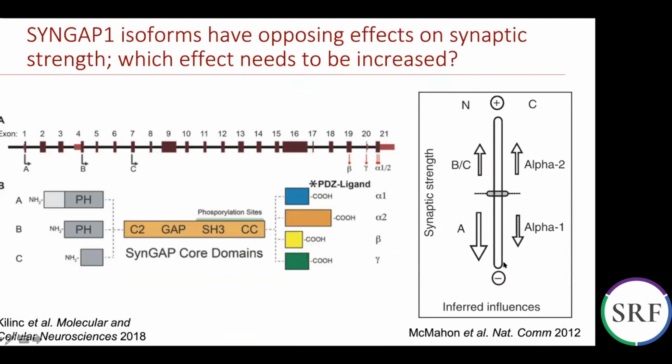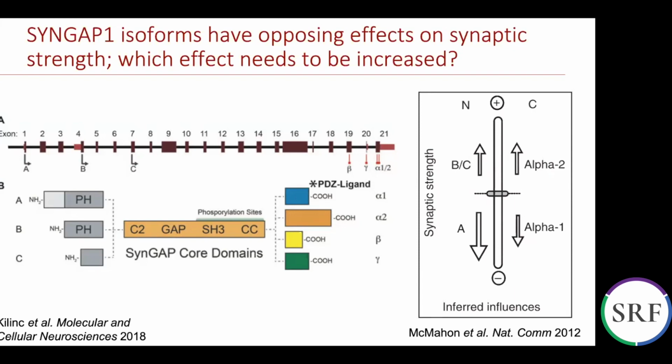And this is a summary which they make of this, but the quick summary of it is that the long isoform and the alpha 1 tend to decrease synapse strength, whereas the short isoform and the alpha 2 increase synapse strength.